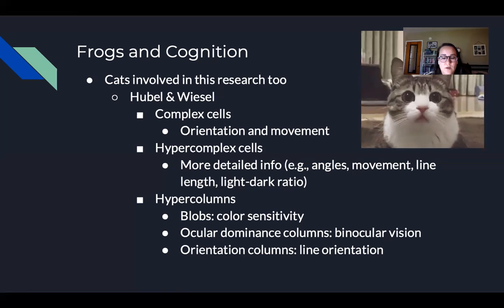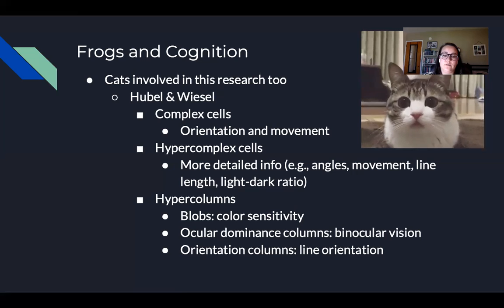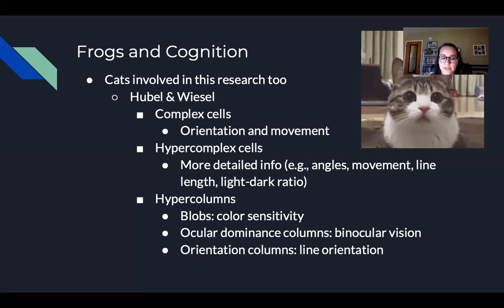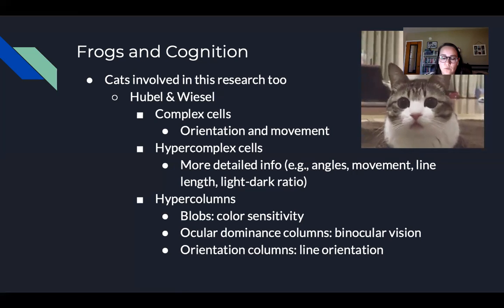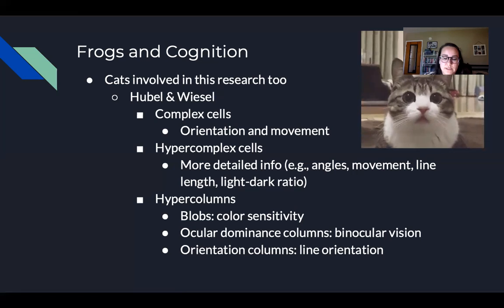Hubel and Wiesel also discovered that there was further visual organization within the brain's visual cortex, and they termed these hypercolumns. And so these hypercolumns are made up of several components. So one of them are components that are responsible for color sensitivity, so color processing, picking up on the gradient and hues of colors. They call these blobs.